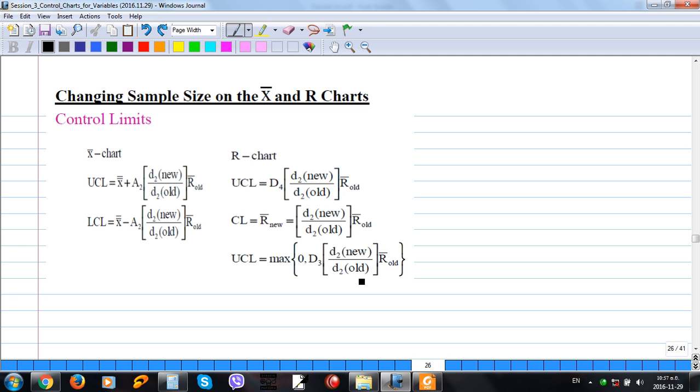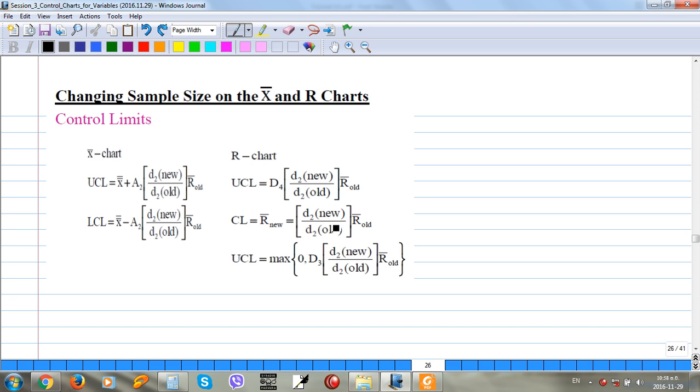These are for the X bar chart. If the R chart is used, the upper control limit equals D4 times d2 new over d2 old times R bar old, and the center line equals R bar new, which equals d2 new over d2 old multiplied by R bar old.